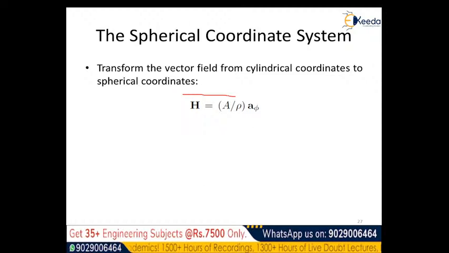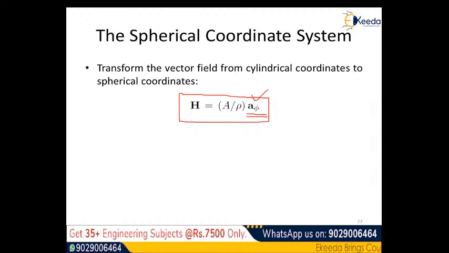While you look at the mathematical expression of the given vector field, the first thing to do is to see what particular unit vector is involved in its representation. As we see a_phi, phi is present in the cylindrical coordinate system as well as in the spherical coordinate system.